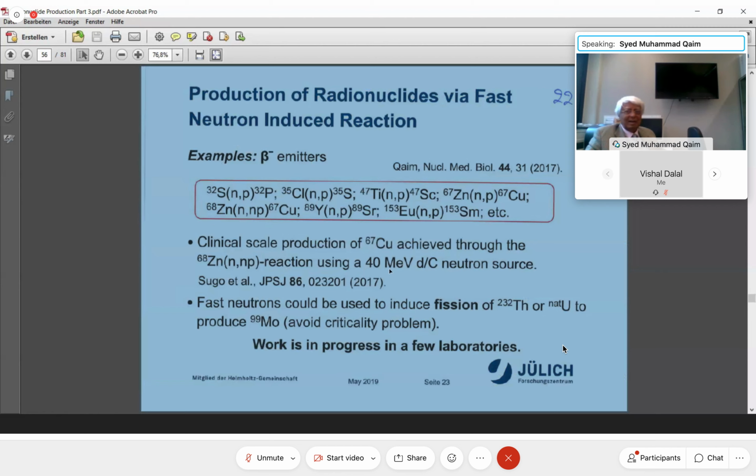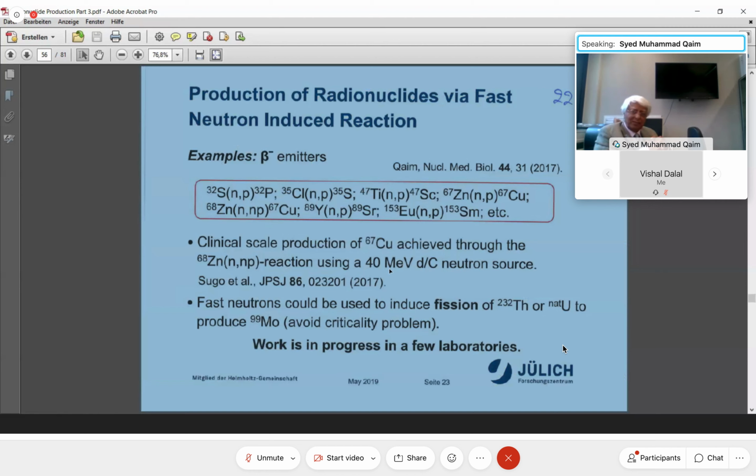I think in the end, everything is geared to finding out whether the yield is enough and the production methodology gives product pure enough that it could be used in the production of some radionuclides. Now, these neutrons could also be used for fission of thorium-232 or uranium.